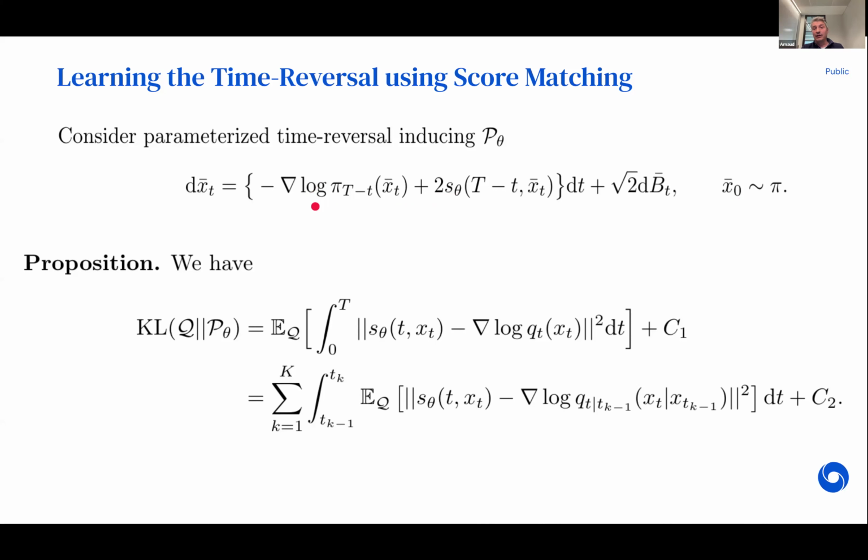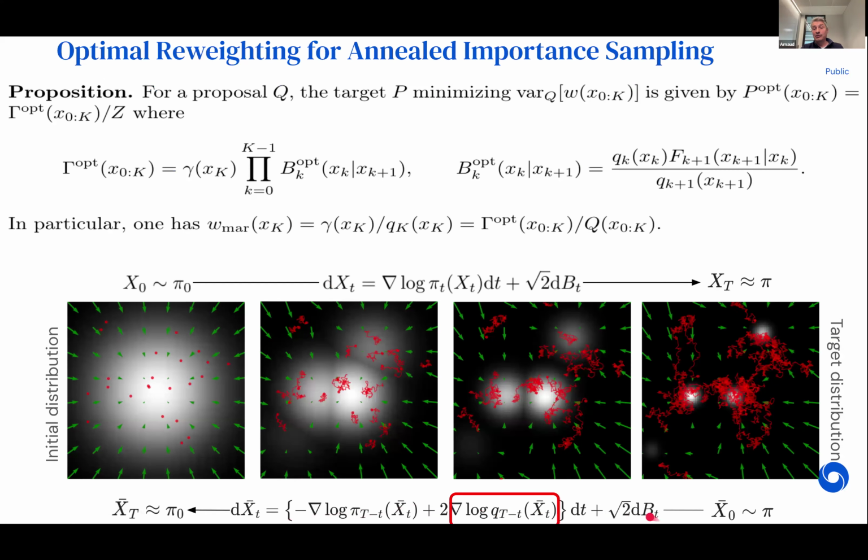I'm going to replace the intractable term by some kind of parametric approximation, typically a neural net, so as to learn the parameter theta of this neural net. We try to minimize a discrepancy measure between the path measure induced by this approximate diffusion and the actual target diffusion.